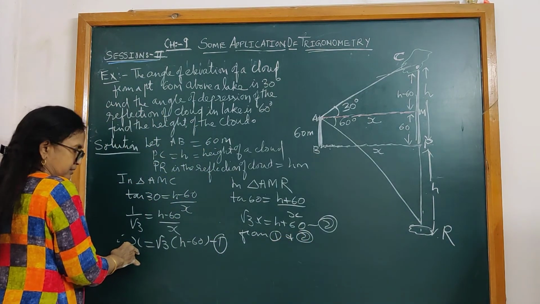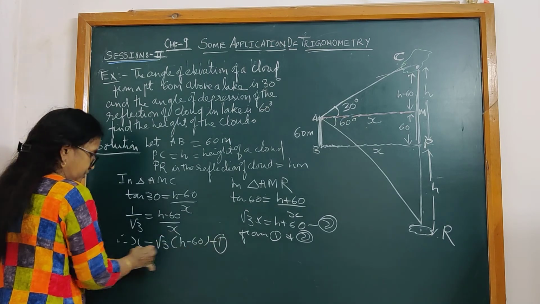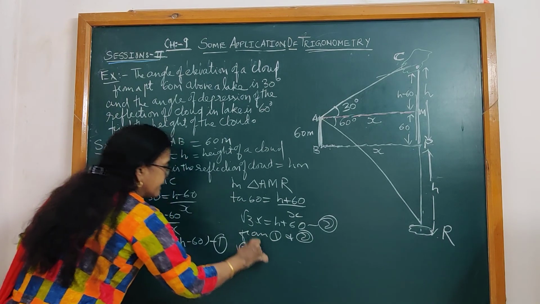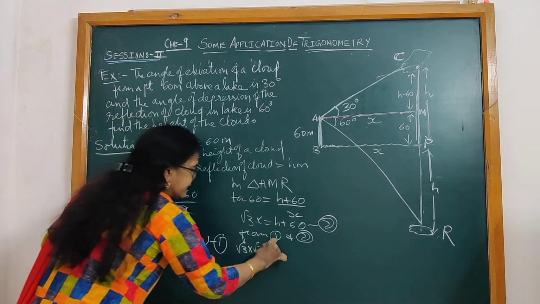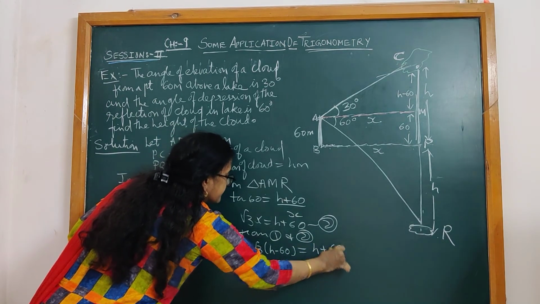The x you got is root 3 times h minus 60, you can keep the value here. So root 3 as it is into root 3 value of x, h minus 60 is equal to h plus 60.